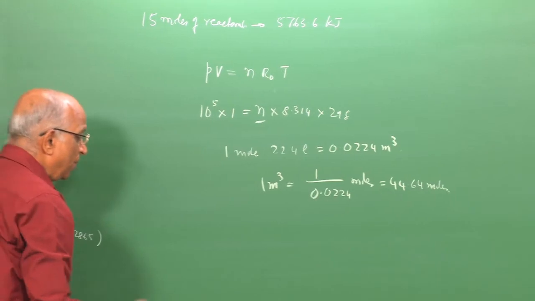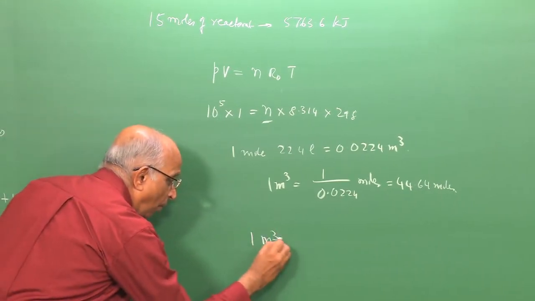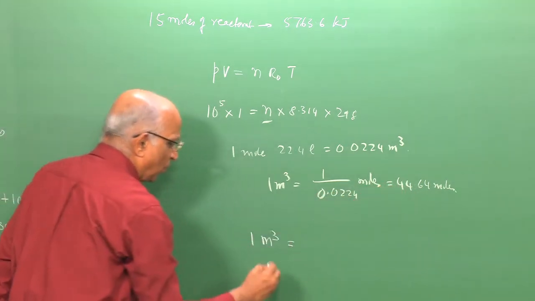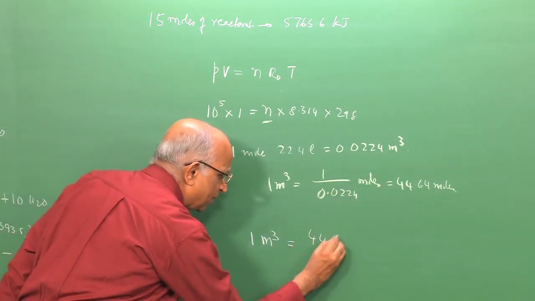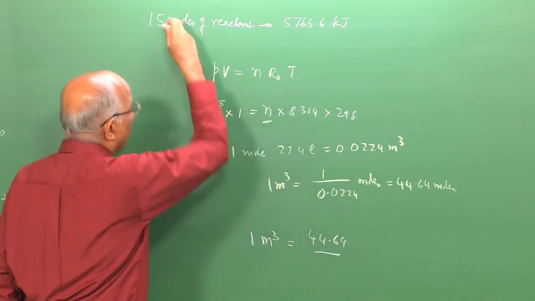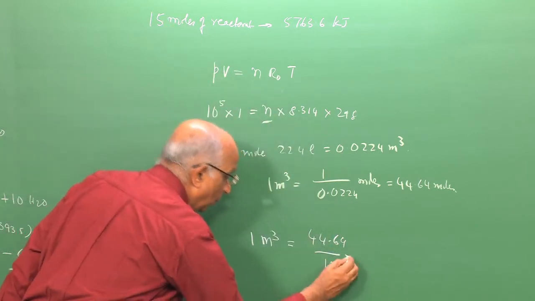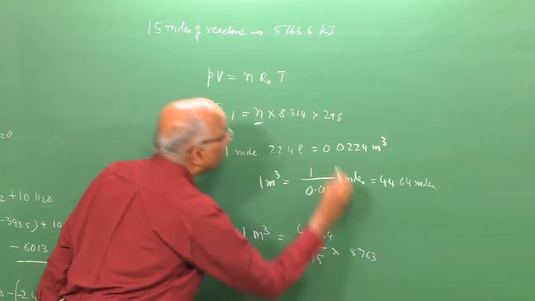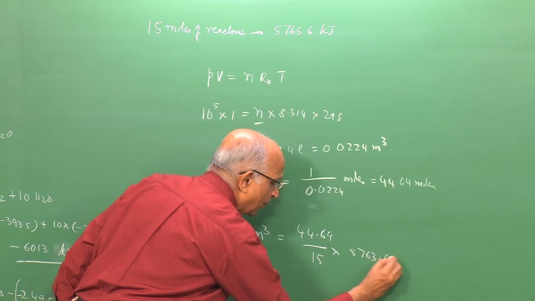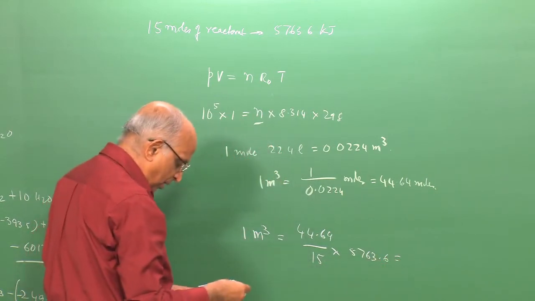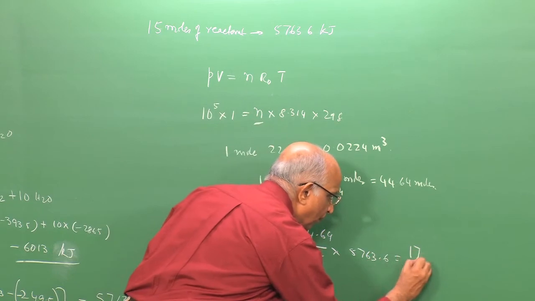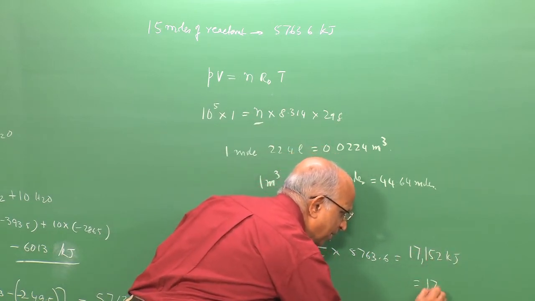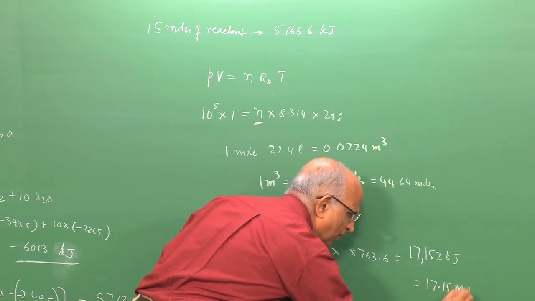Therefore, in 1 meter cube of the mixture which contains 44.64, I will have 44.64 divided by 15 into the energy for 15, which is 5763.6 kilojoules, which is equal to something like 17152, or we can say it as 17.15 megajoules.